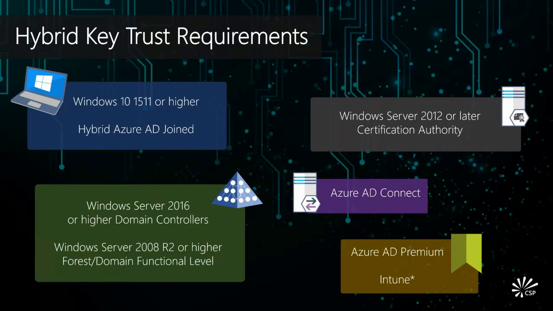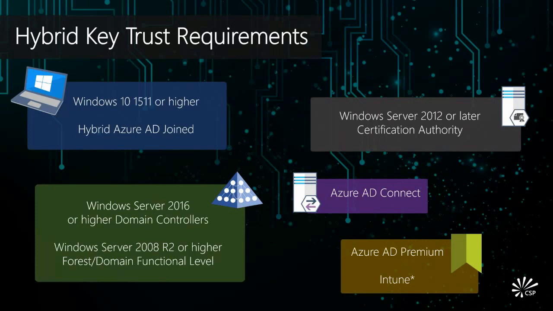From an Active Directory perspective, you may recall from our previous session that Windows Server 2016 or higher domain controllers are a requirement. The main reason for this is because key-based authentication was introduced in Windows Server 2016. Now, it doesn't mean that all of your domain controllers have to be Windows Server 2016.